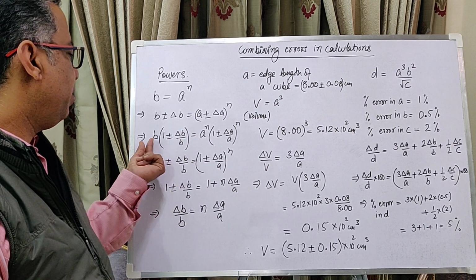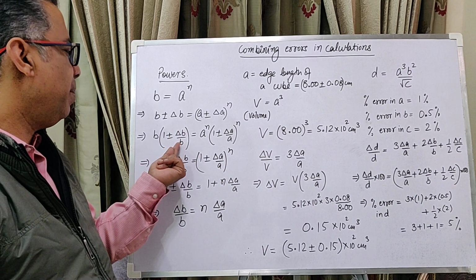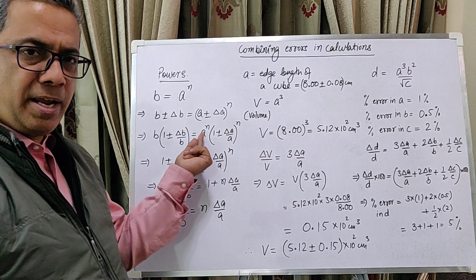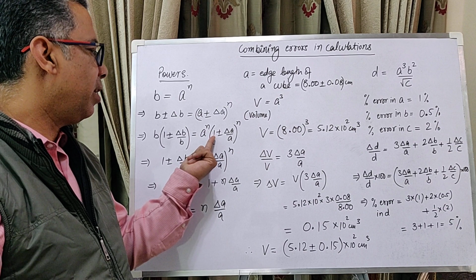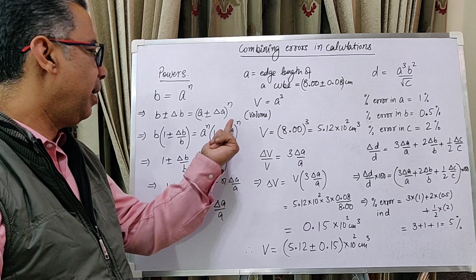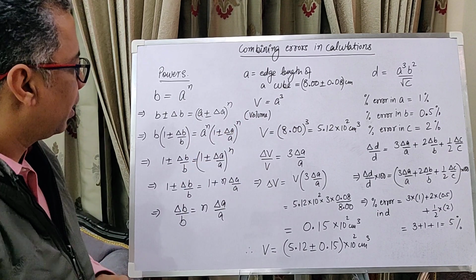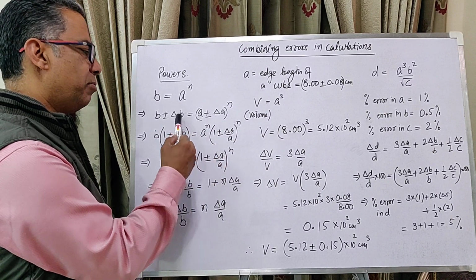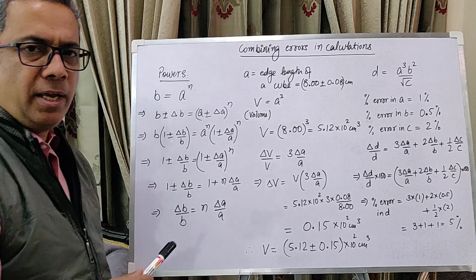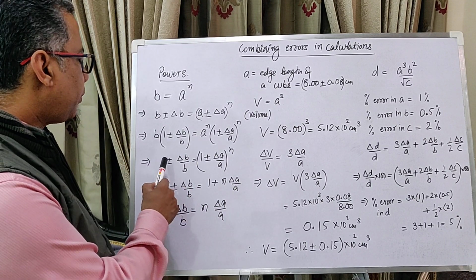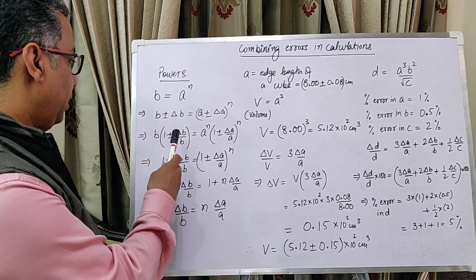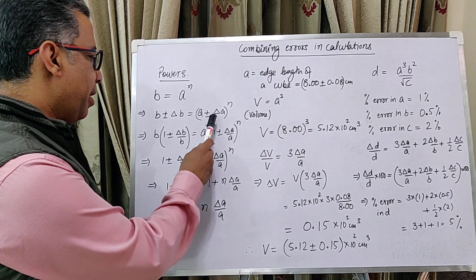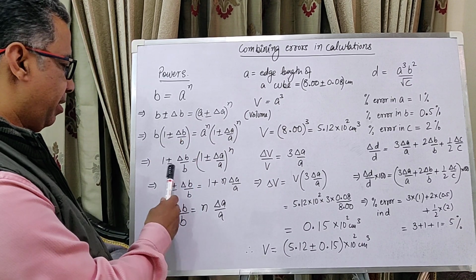We end up with B times (1 plus minus delta B by B) on the left. On the right hand side, A to the power n times (1 plus minus delta A by A) raised to the power n. Since B equals A to the power n, we have a cancellation and we end up with this equation.